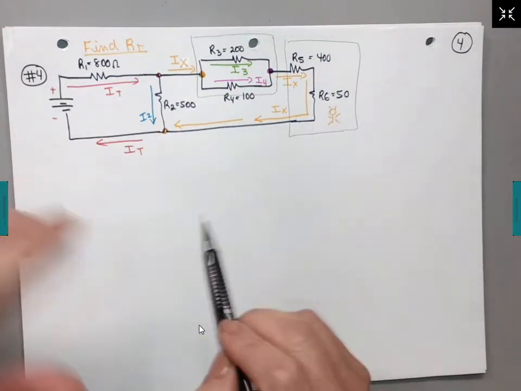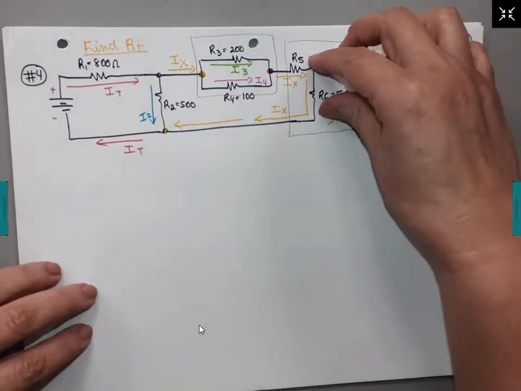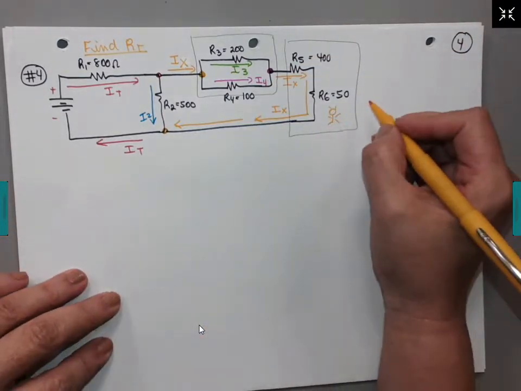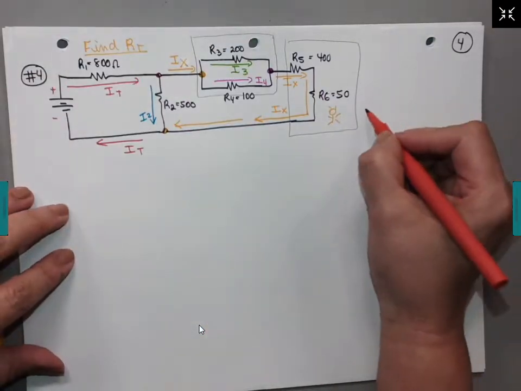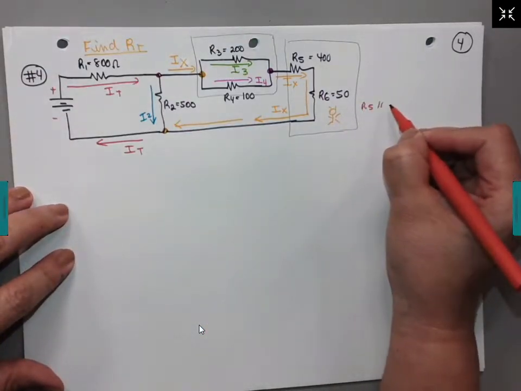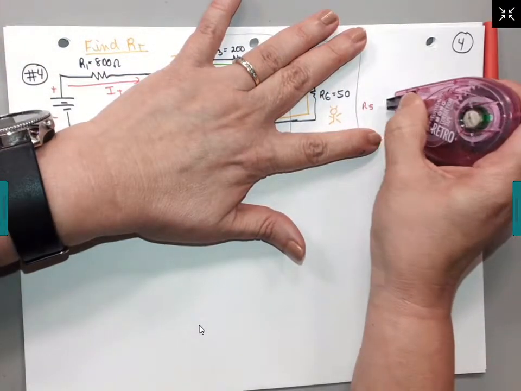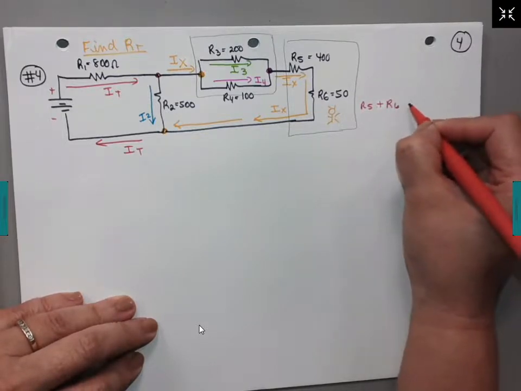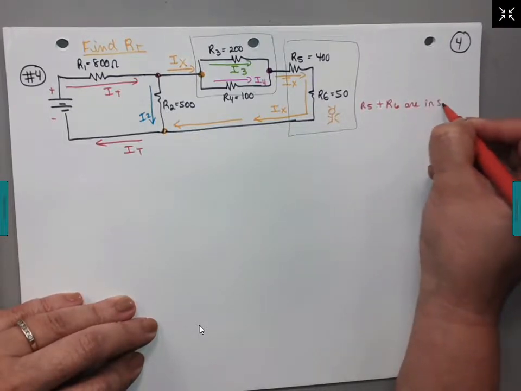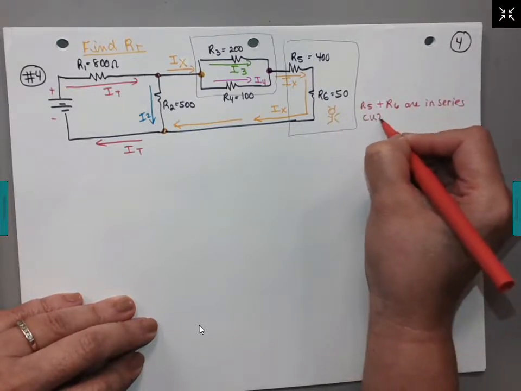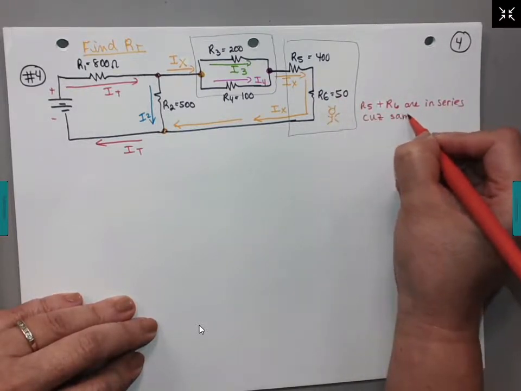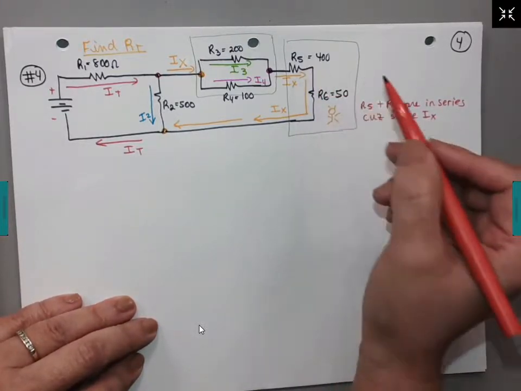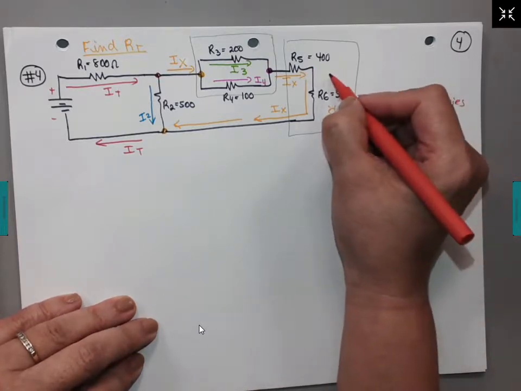They like to block resistors to show that right here these two guys, R5 and R6, are in series, because they have the same current. So you add them up, okay? So R5 and R6 are going to be 450.